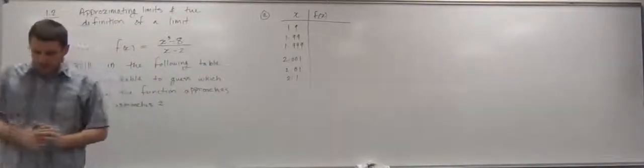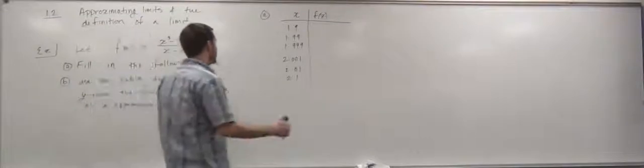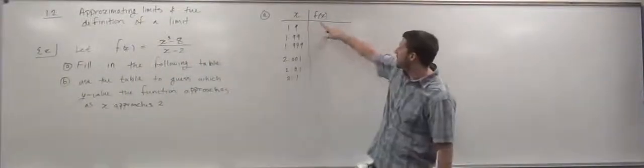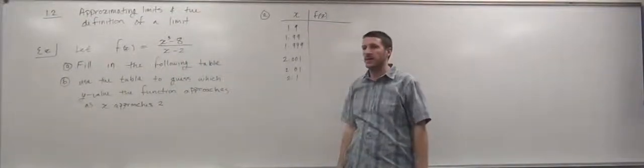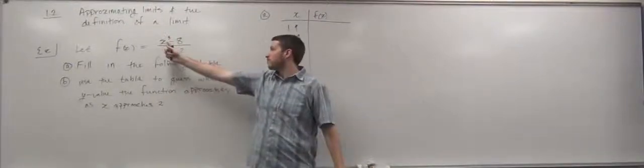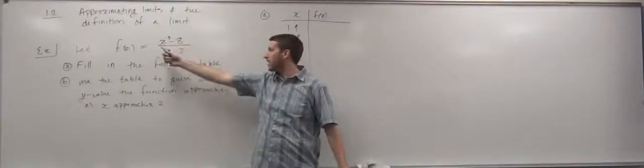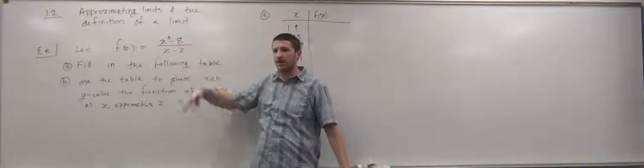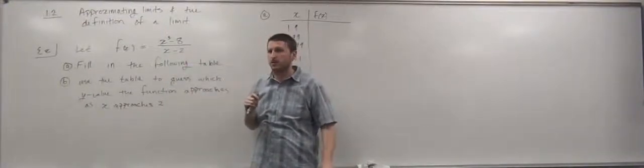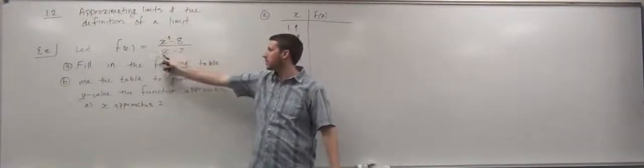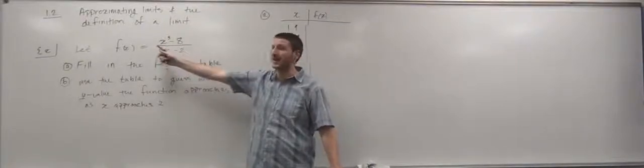So how would you actually do this, though? If it were a test and it were you and your scientific calculator, what would you have to do to calculate f of 1.9? Plug in the value for each x. 1.9 cubed minus 8 divided by 1.9 minus 2. Calculate. Figure out what that decimal is. 1.99 cubed minus 8 over 1.99 minus 2. 1.999 cubed minus 8.